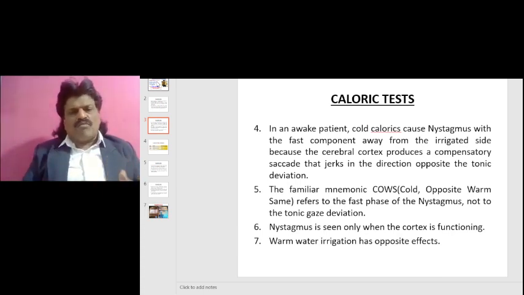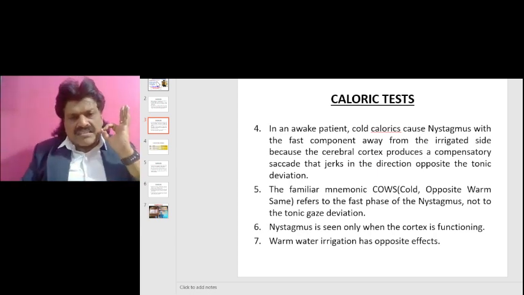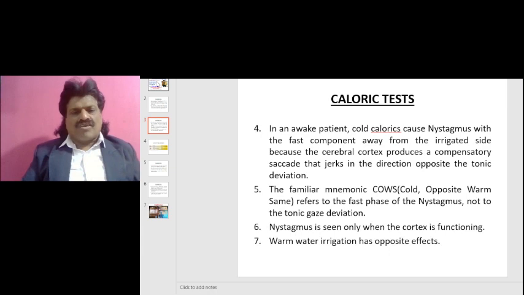The familiar mnemonic COWS, cold opposite, warm same, refers to the fast phase of the nystagmus and not to the tonic gaze deviation. Nystagmus is seen only when the cortex is functioning.